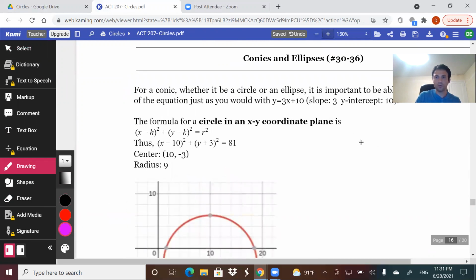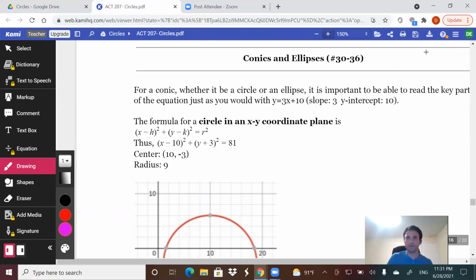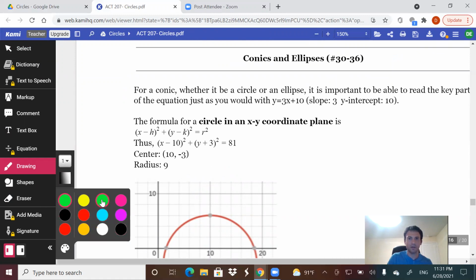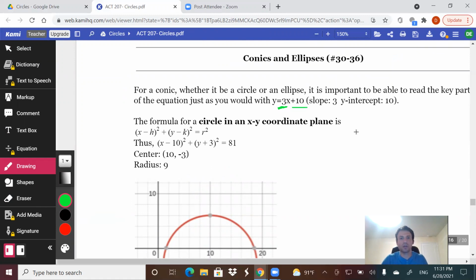So if you had this equation for, let's say, a line, a linear equation, y equals mx plus b or mx plus c, you know that this represents the slope and that represents the y-intercept just by looking at it. Well, the standard equation for a circle, you have an x squared, a y squared, and an r squared.